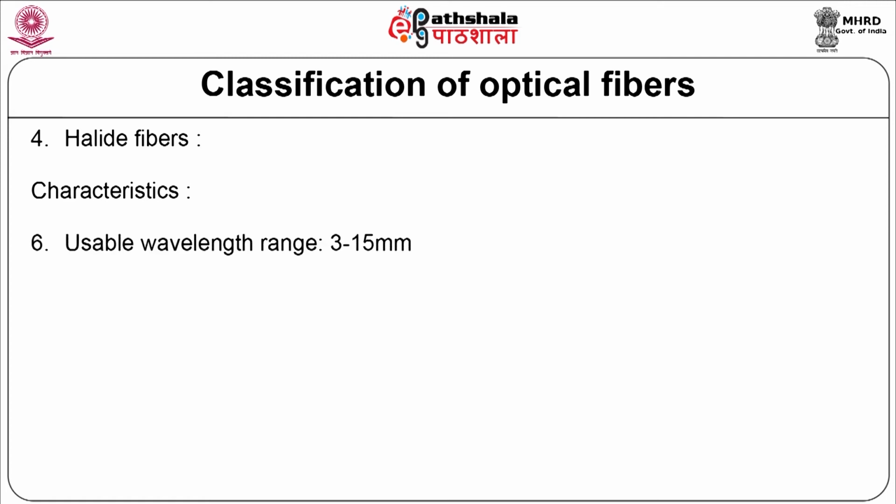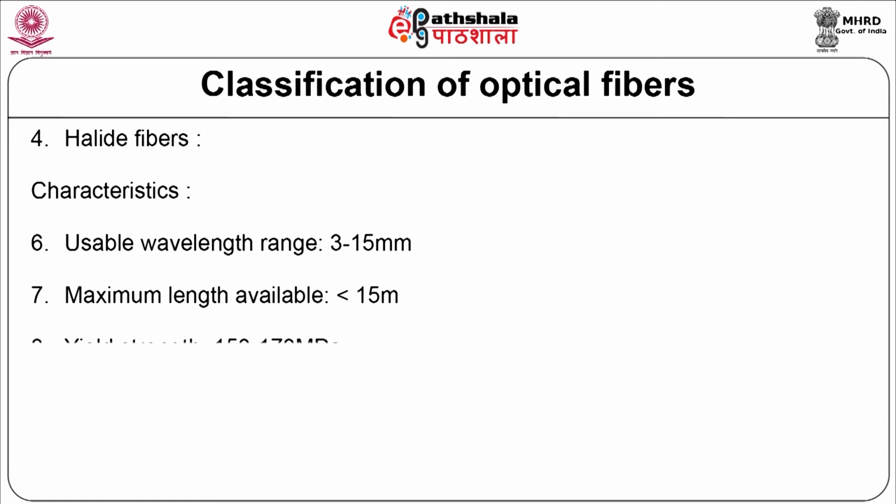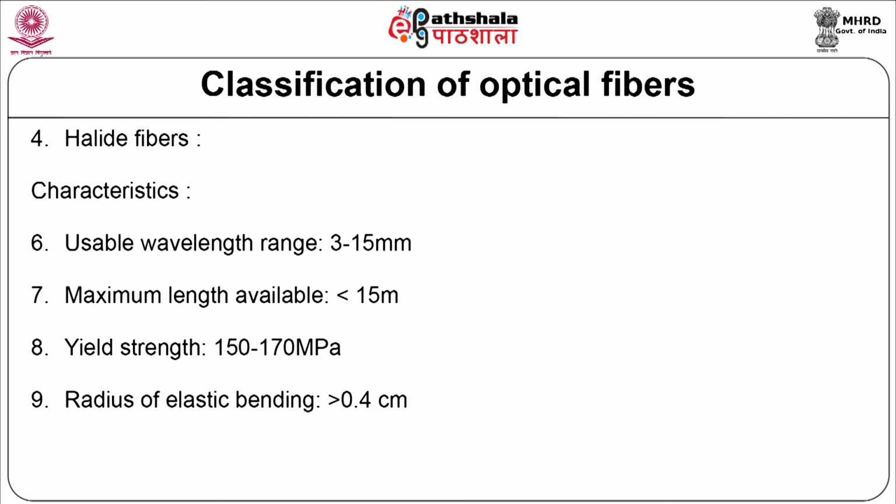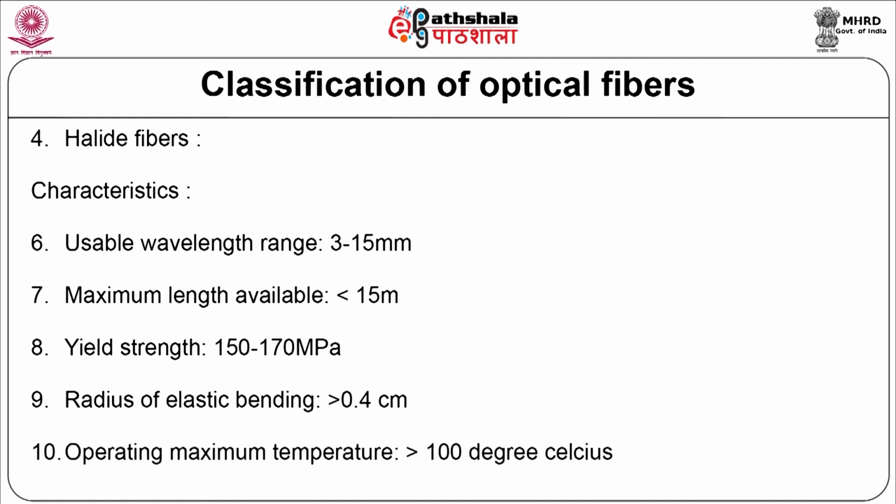Usable wavelength range is 3 to 15 micrometer. Maximum length available is less than 15 meter. Yield strength 150 to 170 MPa. Radius of elastic bending is greater than 0.4 centimeter. Operating temperature greater than 100 degrees Celsius.